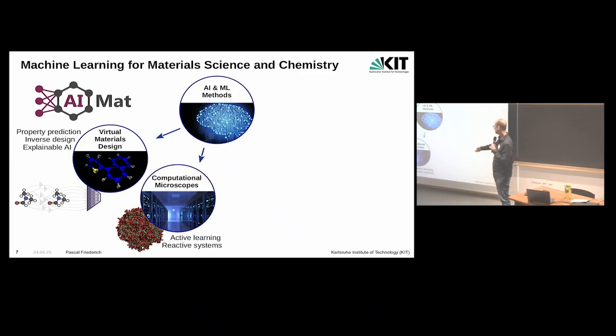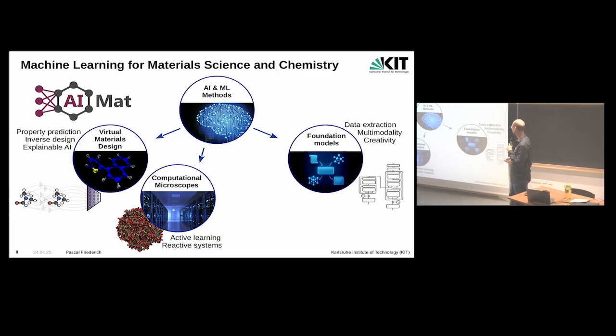We work a bit, not so much, on the ML potentials. We're not a developing team for ML potentials, so we're, as most of the people in this room, more on the application side. We specifically focus here on active learning and reactive systems, also excited state systems that are a bit more tricky to do with the, let's say, out-of-the-box methods.